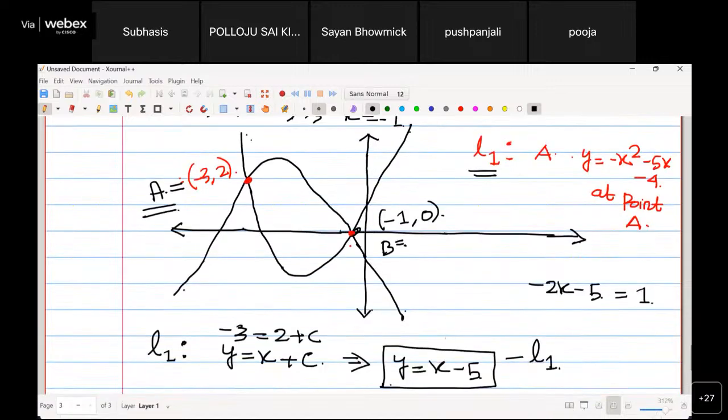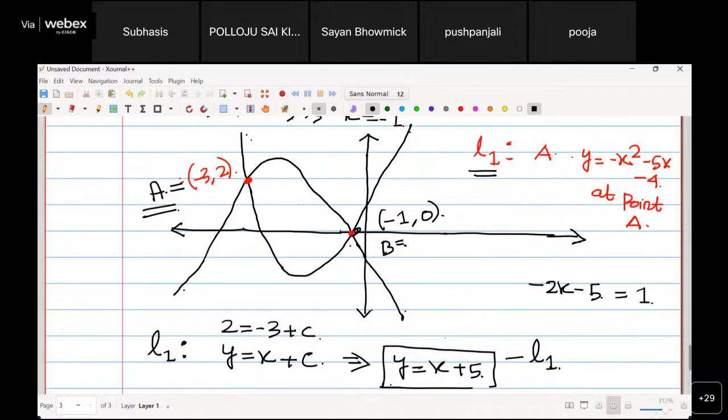At x equal to minus 3, y equal to 2, so 2 equals minus 3 plus c. Yeah, correct. So y equals x plus 5, the equation of L1.